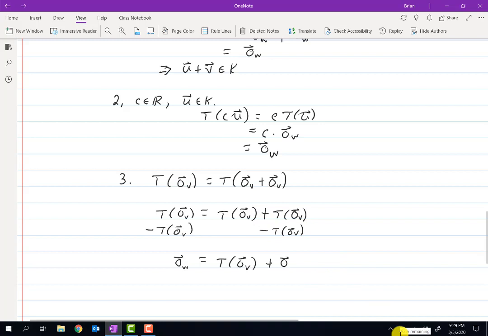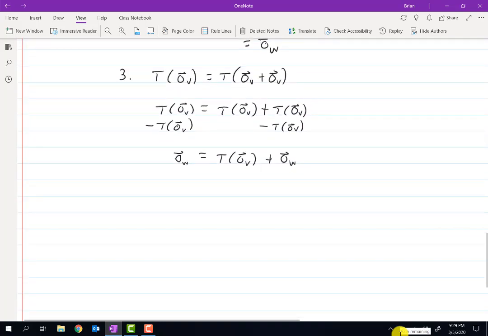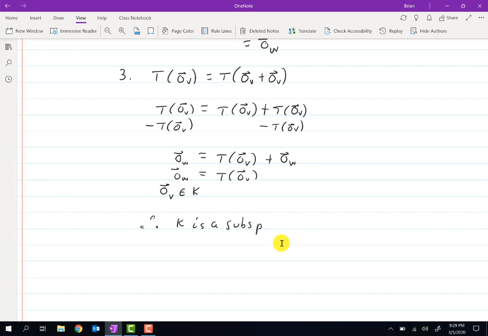I get the 0 vector in W. Now, the 0 vector in W plus a vector in W is just that vector, because the 0 vector is the additive identity. So this on the right is T of 0V, and on the left I have 0W. So in fact, the 0 vector in V is also in the kernel. So those three things show me that K is a subspace of V.